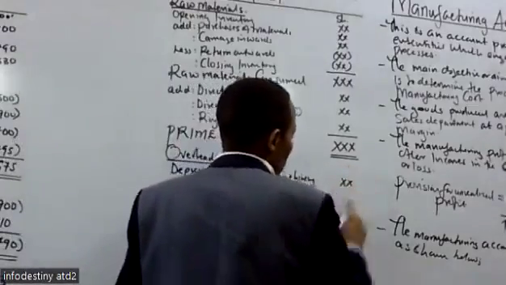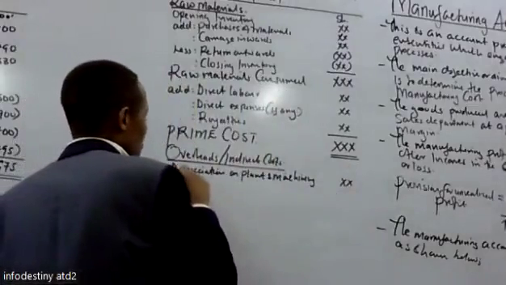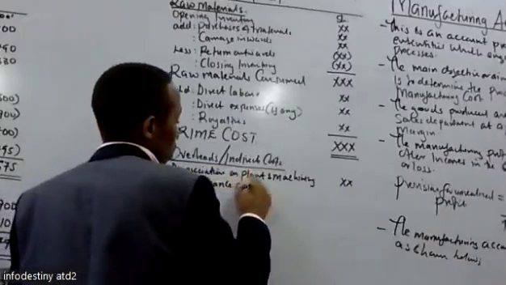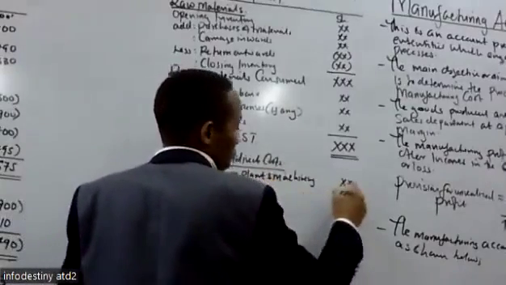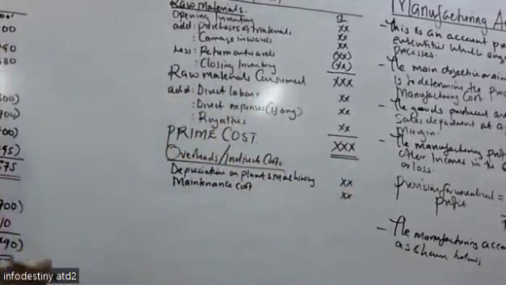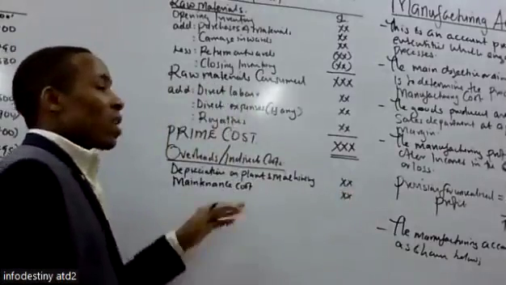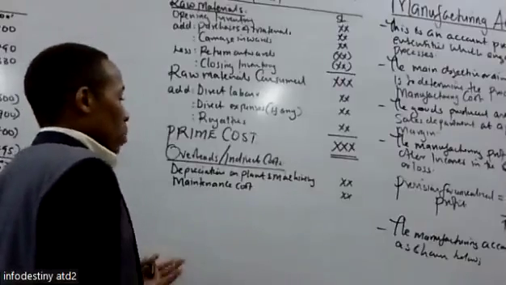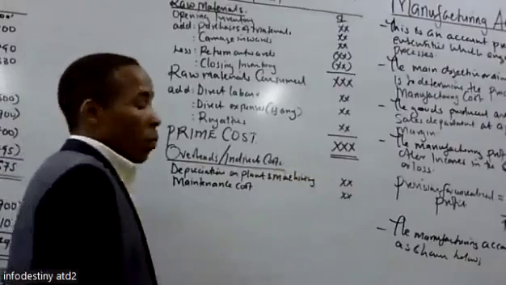And if there's anything to do with maintenance costs, that is maintenance cost on plant, then we have any other cost which has been allocated. These are the only two items which we bring here directly 100%.